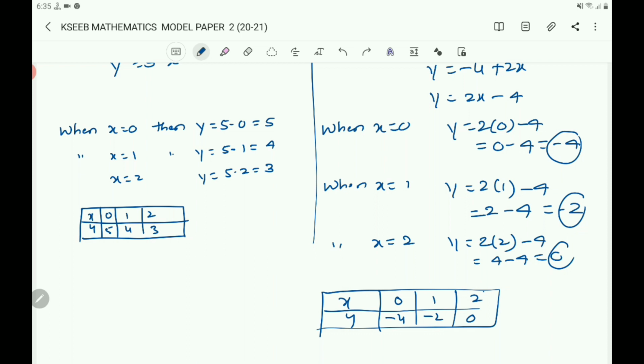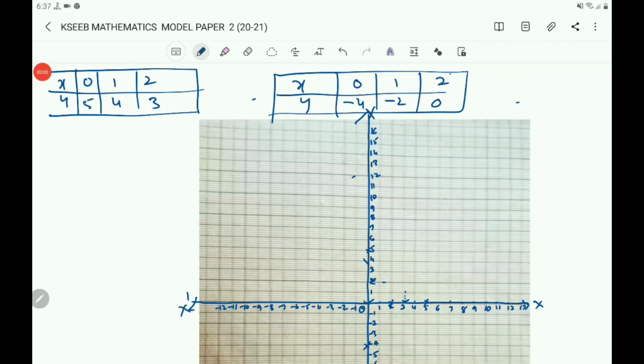Now let us come to the graph. So you write the scale. Scale is 1 centimeter equals 1 unit. Then you mark the points. First one is 0, 5. 0 comes here, 5 comes here. Then 1, 4. 1 is here, 4 is here. Then 2, 3. 2 is here, 3 is here.